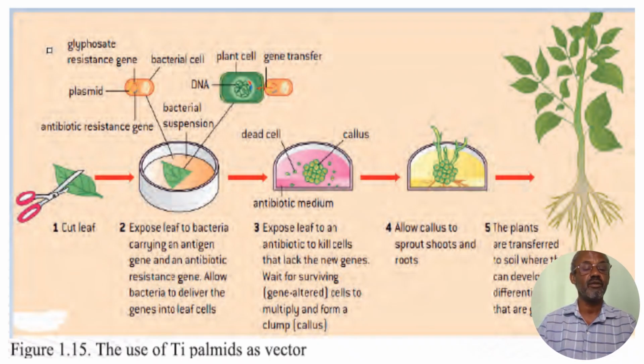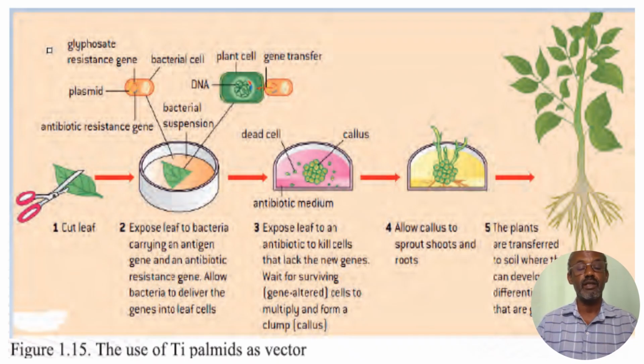You cut a piece of plant cells from leaves, and these isolated cells are exposed to the plasmid that contains the enzyme that breaks down glyphosate as well as the antibiotic resistance gene, and you put this into a medium that contains antibiotics.